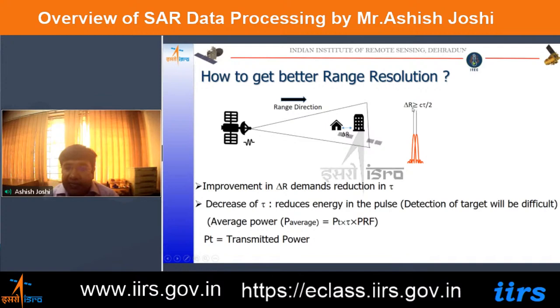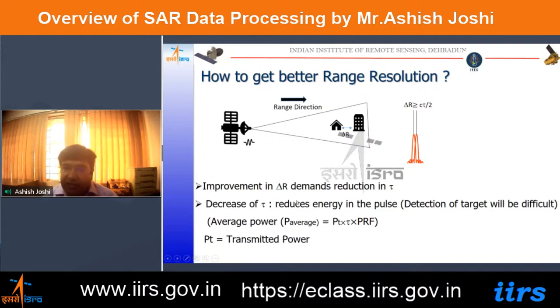Since delta R is greater than C tau by 2, we want this delta R to be as low as possible. To decrease delta R, we can decrease tau. If we decrease tau, then delta R will decrease.